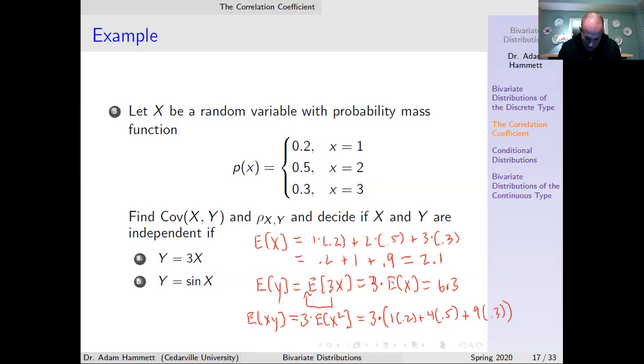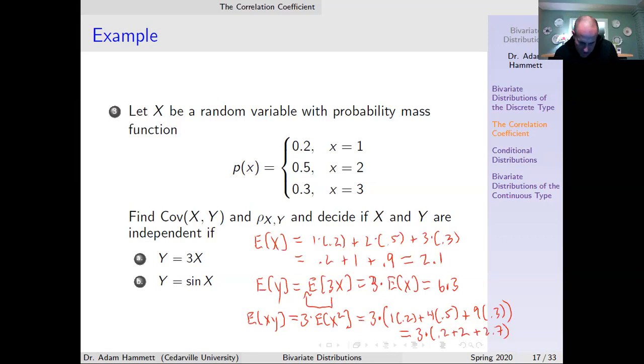Okay, so what do we get? Well, this is 3 times what? 4 times 1/2 is 2. So this is 0.2 plus 2 plus 2.7. Okay, 2.7.